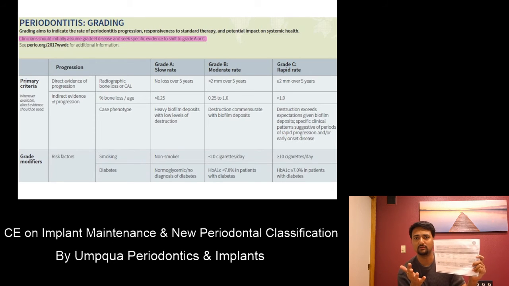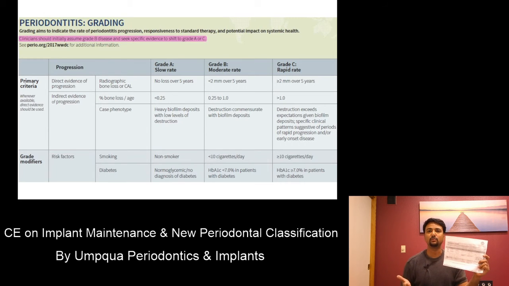For example, research has validated only smoking and diabetes up to now. So in this new classification, they consider only smoking and diabetes as grade modifiers.